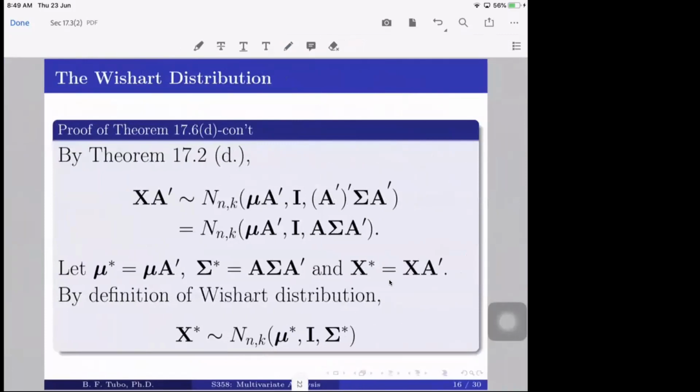Okay, so let's look at the X star. Our X star is XA prime.